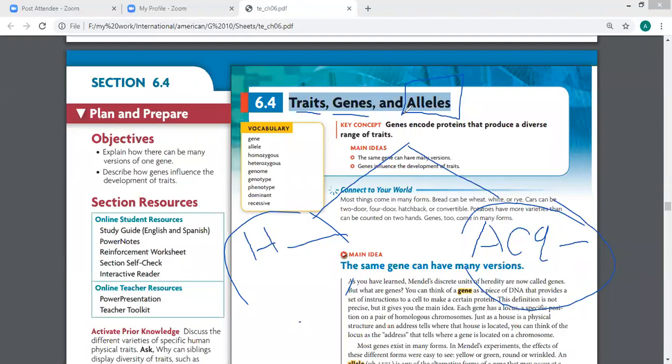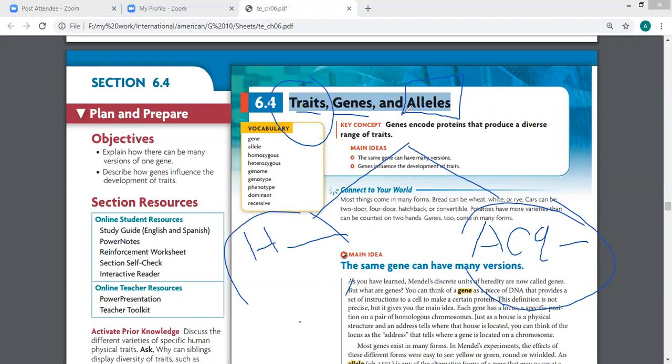And then we explain the meaning of traits. We say that traits are the characteristics that are inherited. Again, what is the meaning of traits? Traits are the characteristics inherited from parents to their offspring.